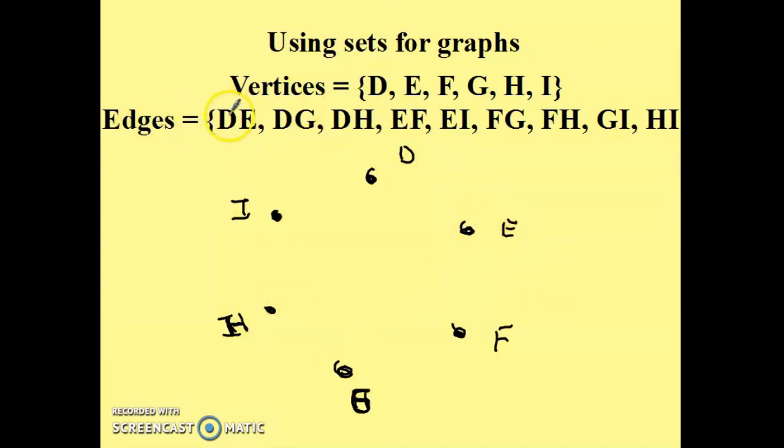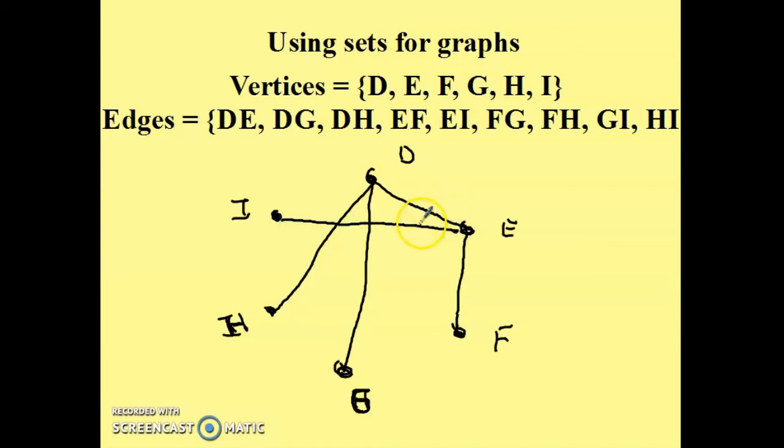And then the other set is the set of edges. So you have an edge from D to E, D to G, D to H, E to F, E to I, F to G, F to H, G to I, and H to I. Well, that's it.